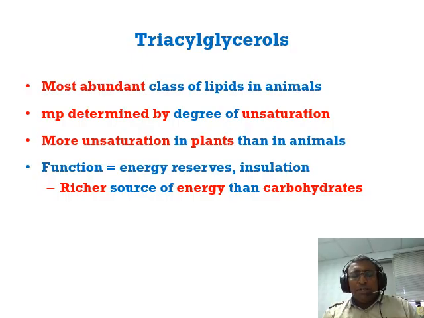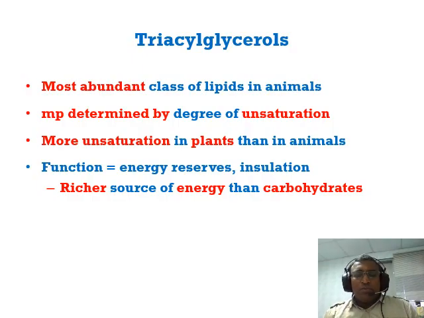What is the most important function? It is for energy reserve as well as insulation. For energy reserve, in the same weight ratio, you can get more energy from fat compared to carbohydrate, simply because fat is all in reduced form while carbohydrate is in oxidized form.